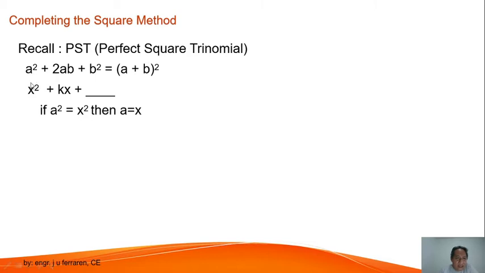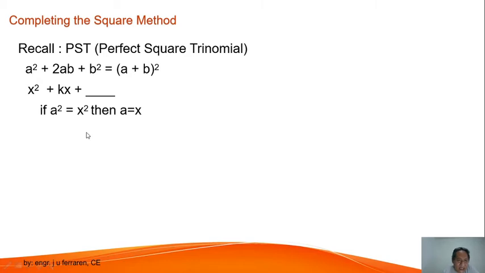If my a squared is your x squared, it means that a is equal to x. Now I'm after b, my third term, because these two are the same, so I also need to have my third term, which is b.